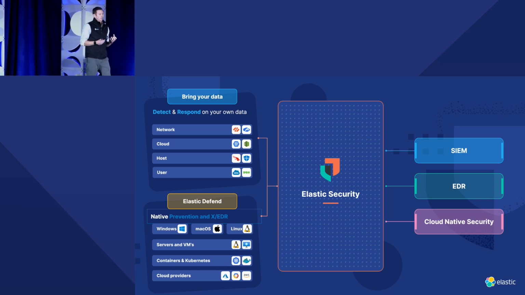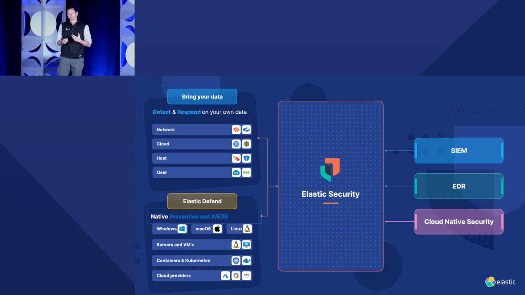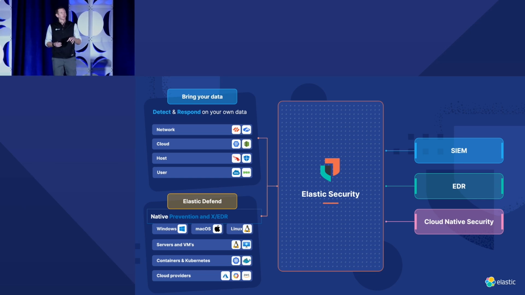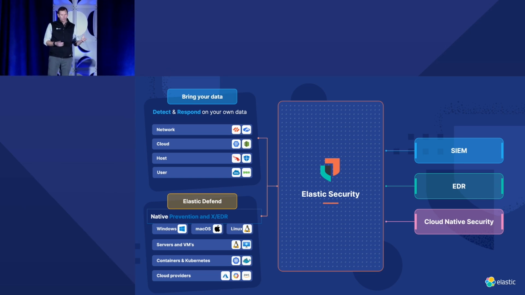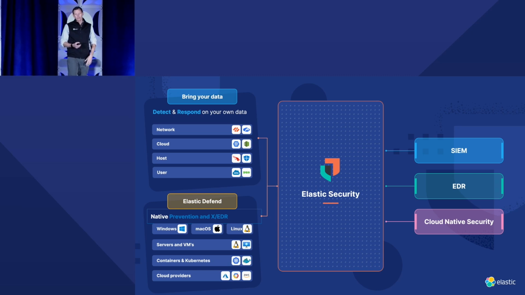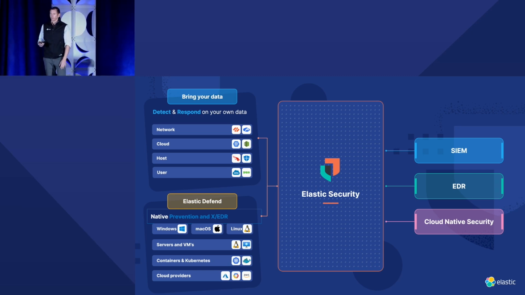As you know, Elastic is built to be open and transparent, and we'll talk about that in a little bit. So no matter what your data sets are, no matter what your security use cases require you to deliver, we have the solution for you. Your own data, our native data, for SIEM, security information and event management related use cases, EDR, and now cloud-native security related use cases.